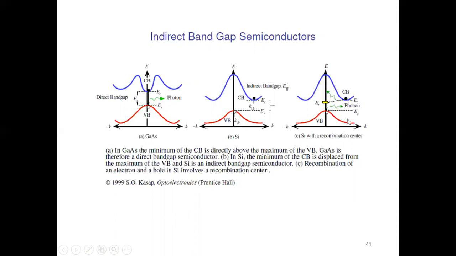If you have a recombination in this kind of process, then though because of the emission of the photon the energy conservation is maintained, the momentum conservation is not valid.